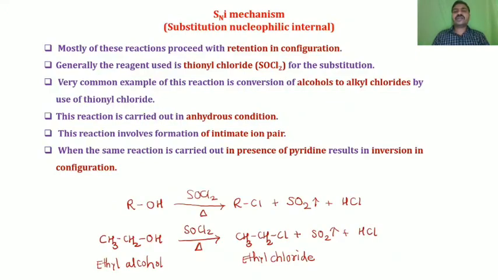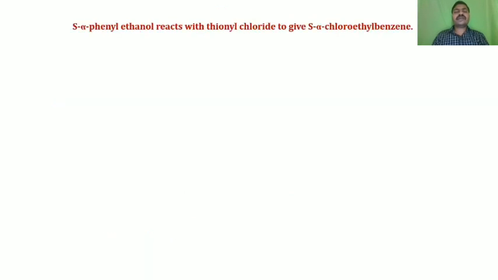So this is the general reaction of the SNi mechanism. Generally, alcohols on reaction with thionyl chloride give alkyl chlorides with the liberation of sulfur dioxide and HCl. So ethyl alcohol on reaction with thionyl chloride gives ethyl chloride as the product. So here is the mechanism.